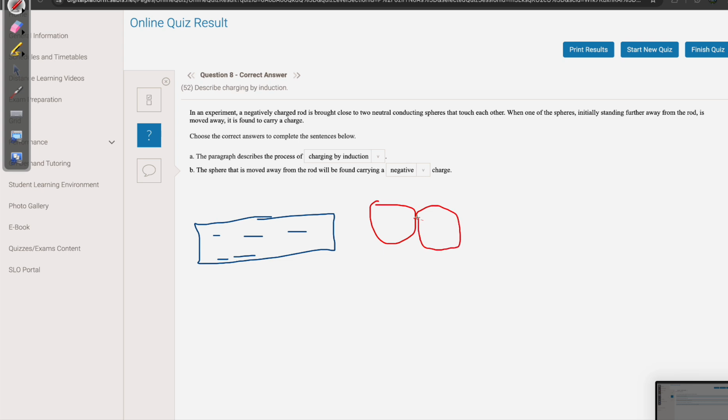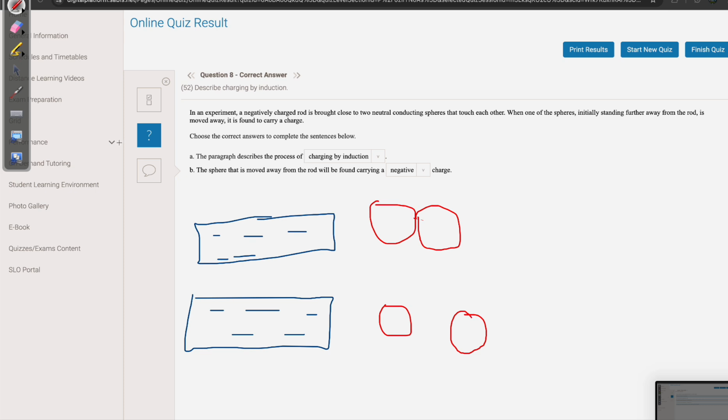When one of the spheres initially standing further away from the rod is moved away, it is found to carry a charge. So now, when we move this sphere at the back, it is found to carry a charge.